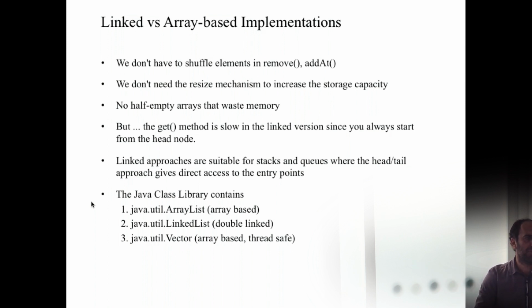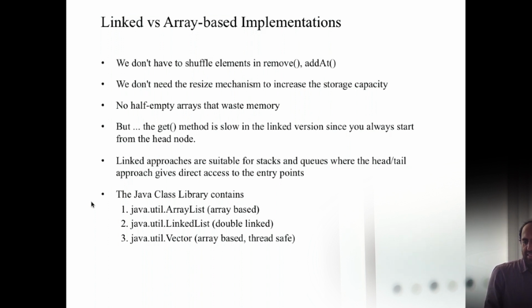For example, with a simple linked list, if get wants to access the element at the end, you have to traverse all the elements. And even with a double linked list, to access an element in the middle, whether you start from the front or from the back, you have to traverse at least half of the elements.